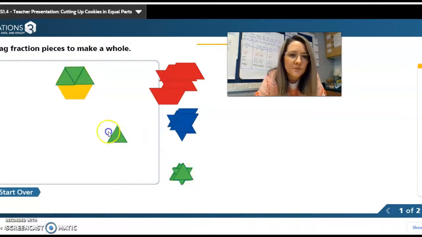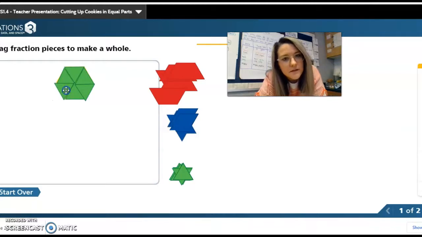Okay, I'm thinking we need 3 more, but let's see. Okay, so there's 4, 5, 6. And again, I know it shows some gaps and overlaps, but it's not letting me turn it perfectly. So we need 6 green triangles to fill the hexagon.